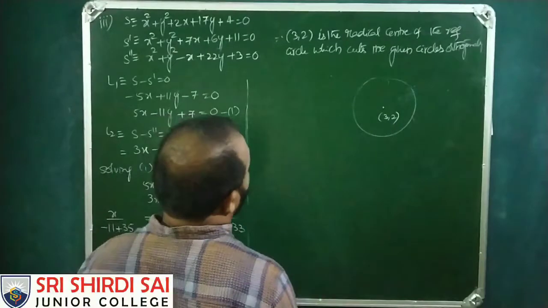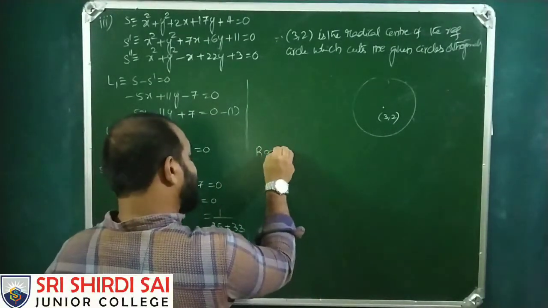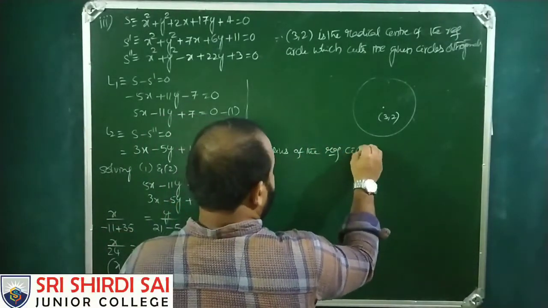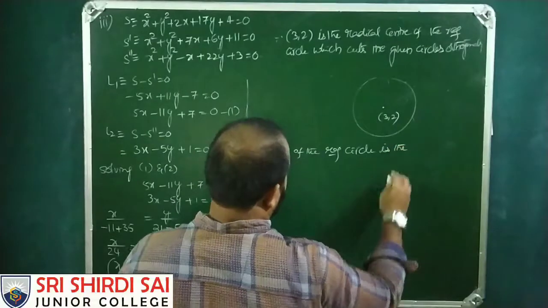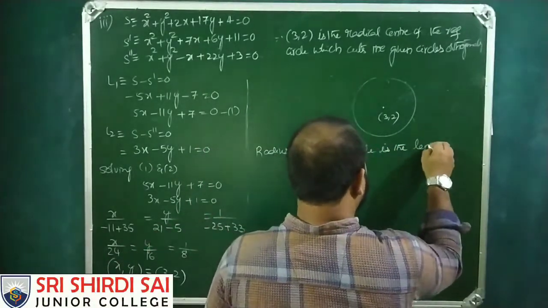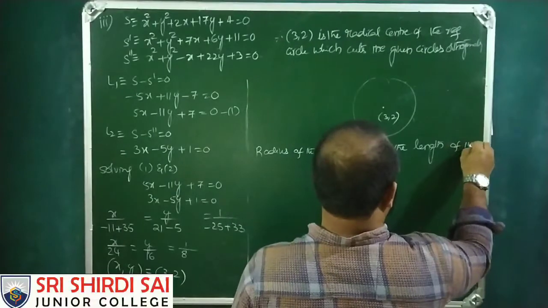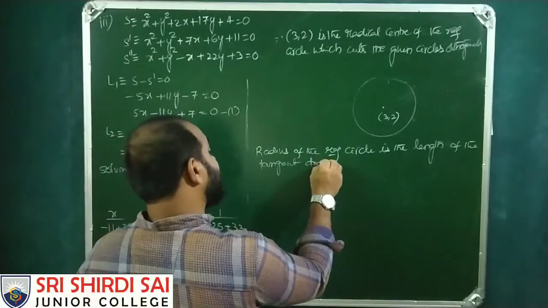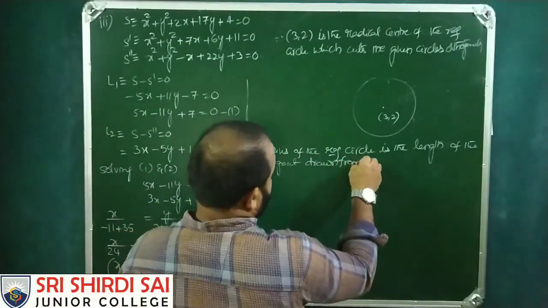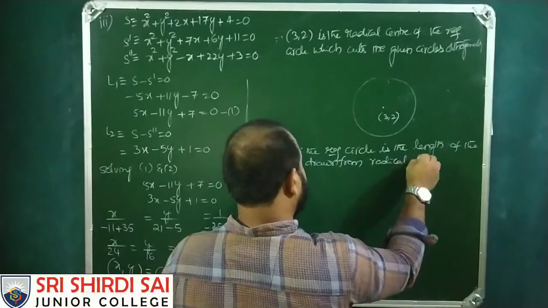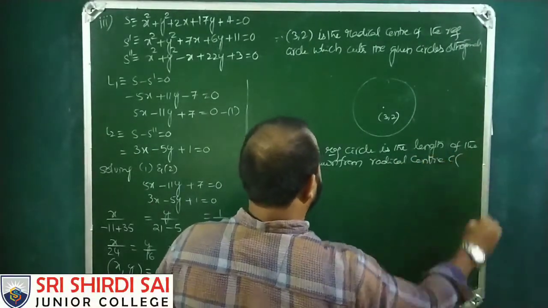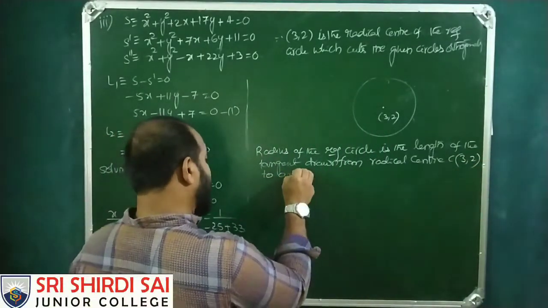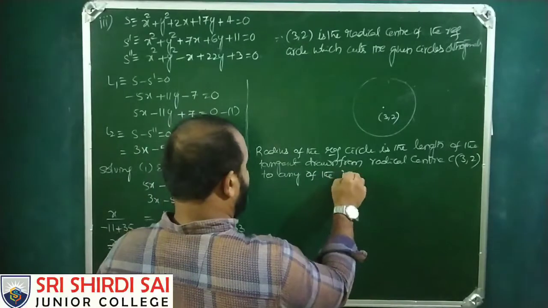Now to find the radius, the radius of the required circle is the length of the tangent drawn from the radical center C (3, 2) to any of the three circles.